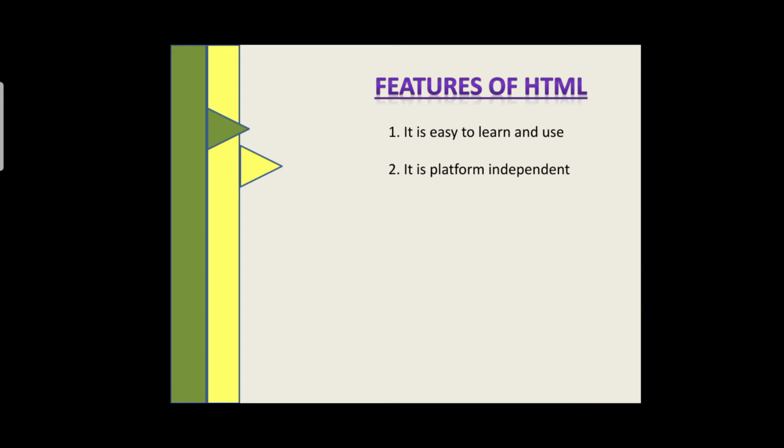So any type of browser, any type of operating system, any type of editor will do. We do not have to depend on any one platform, any one software. That's why it is said to be as platform independent.